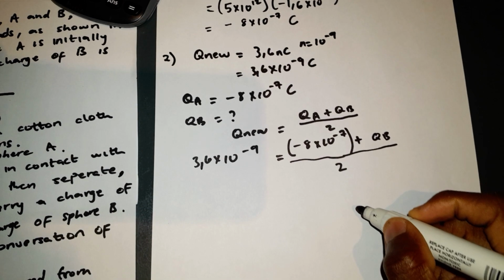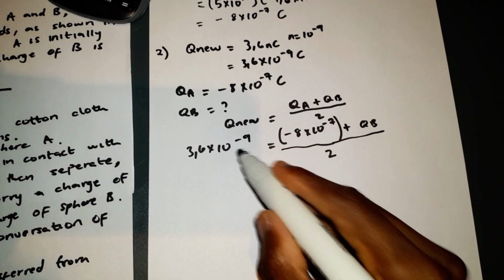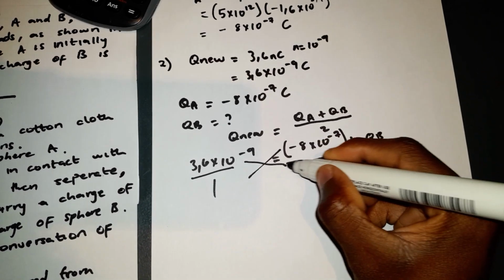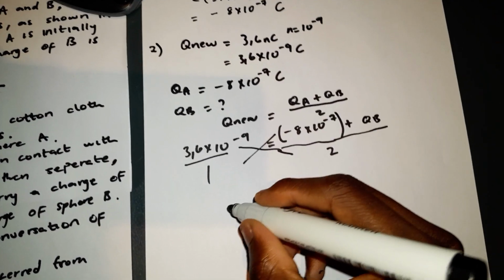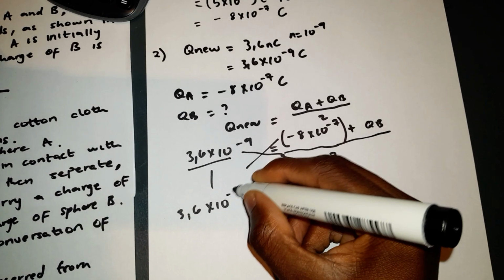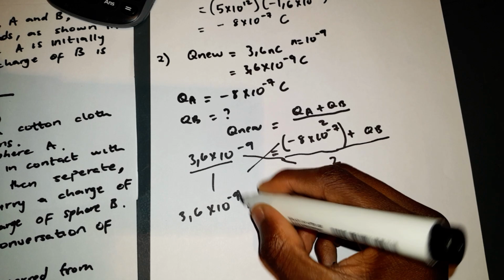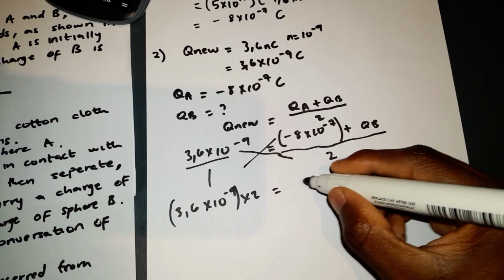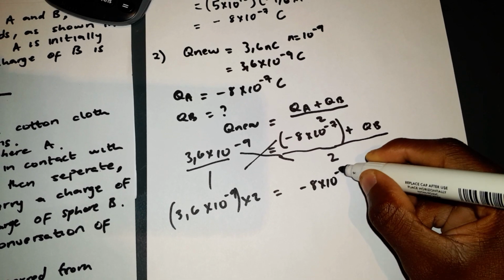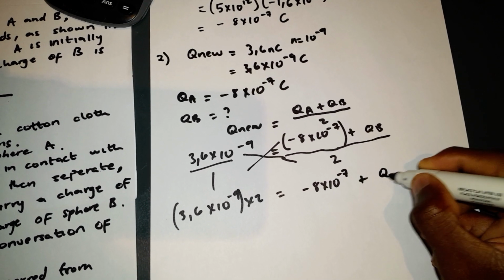So now, since we are looking for this thing, first step, we must cross multiply. So it will be 3.6 times 10 to the negative 9 times 2, and here we'll have negative 8 times 10 to the negative 7 plus QB.